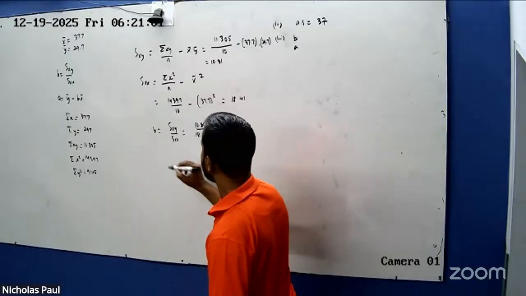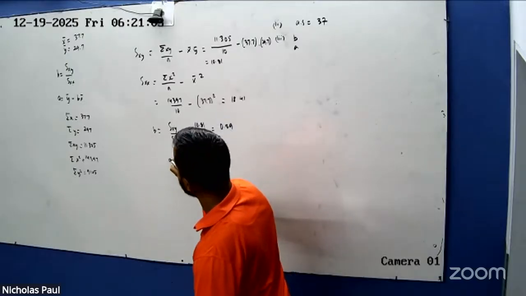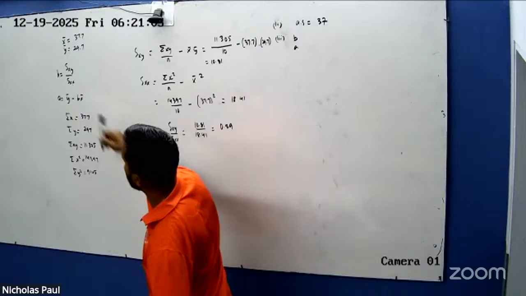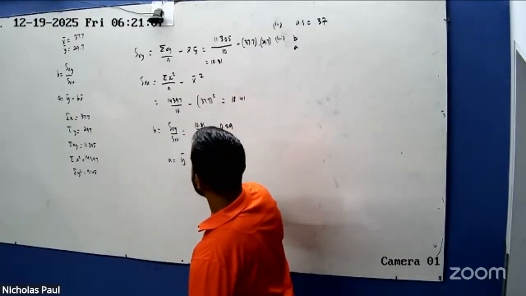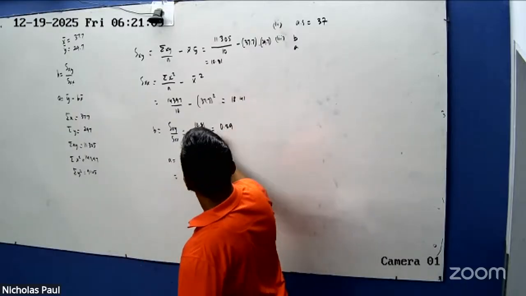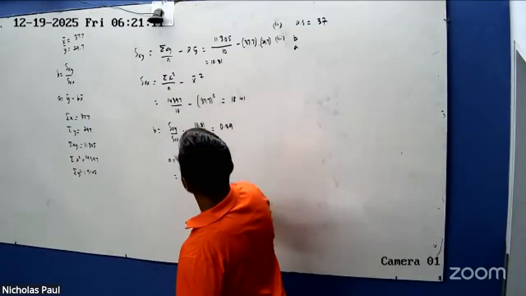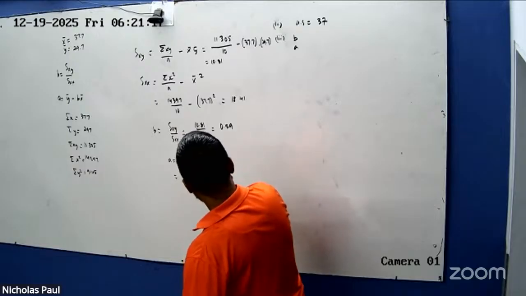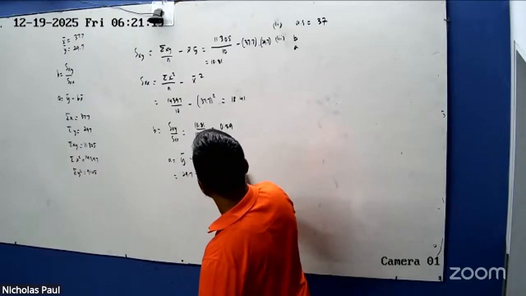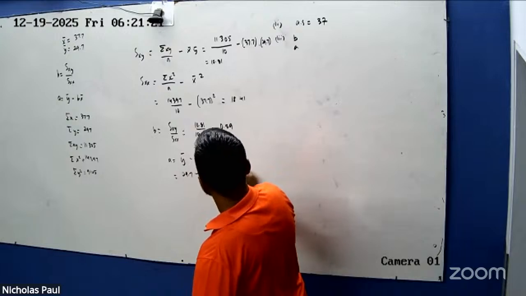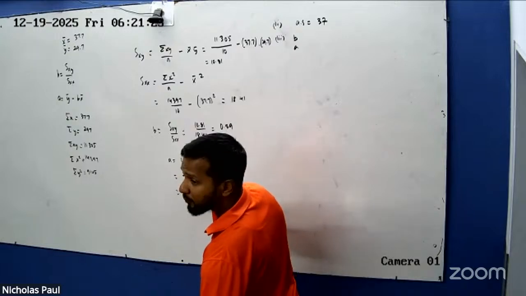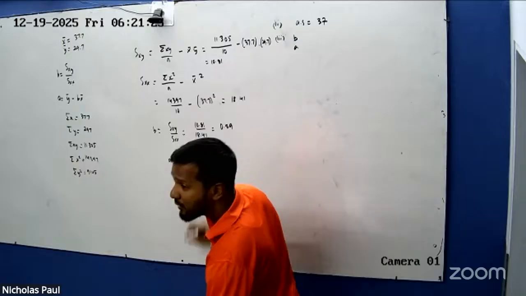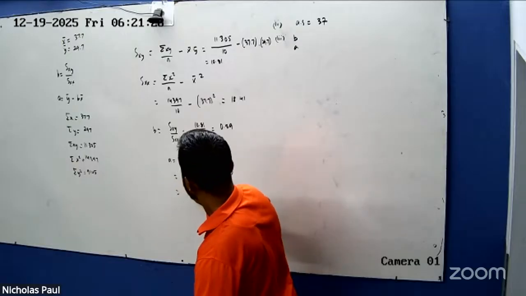0.59. Now to get A, I'm using this formula here. A is y bar minus b x bar. Y bar was 29.7. B is 0.59. And x bar is 37.7. And we got how much? 7.4.